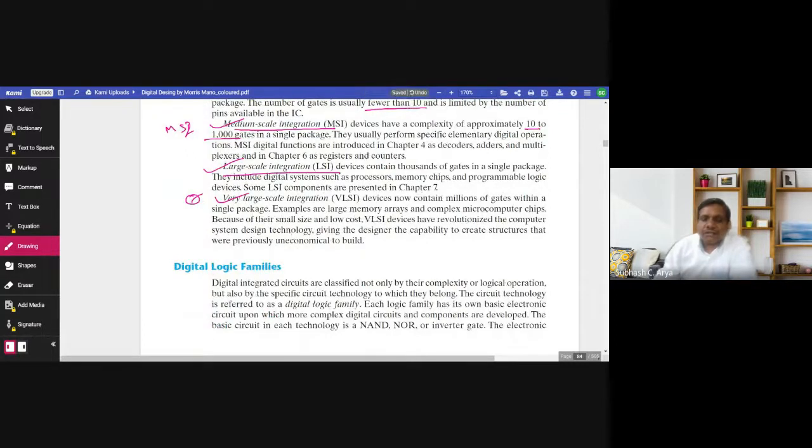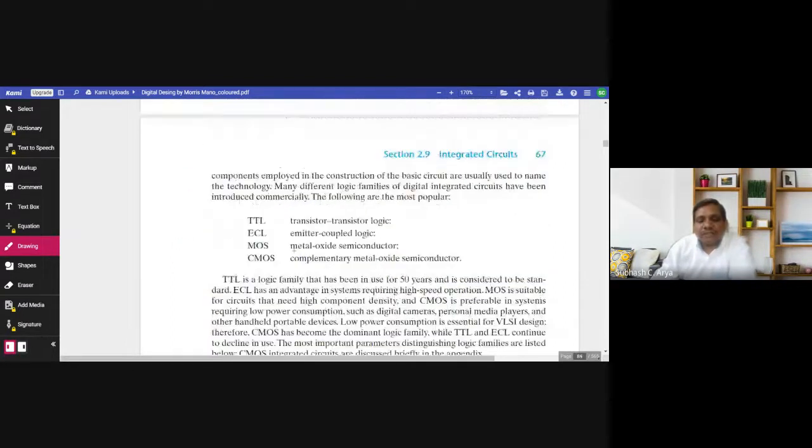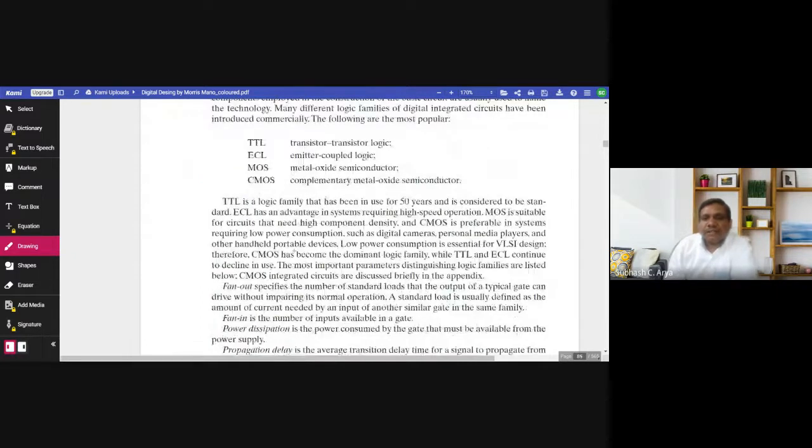And nowadays one more terminology has come, the neuromorphic integrated circuit, meaning extensively large, like the number of neurons in the human body, about 1000 billion neurons. People have developed such nomenclature to indicate the density. Different logic families are TTL, transistor logic.